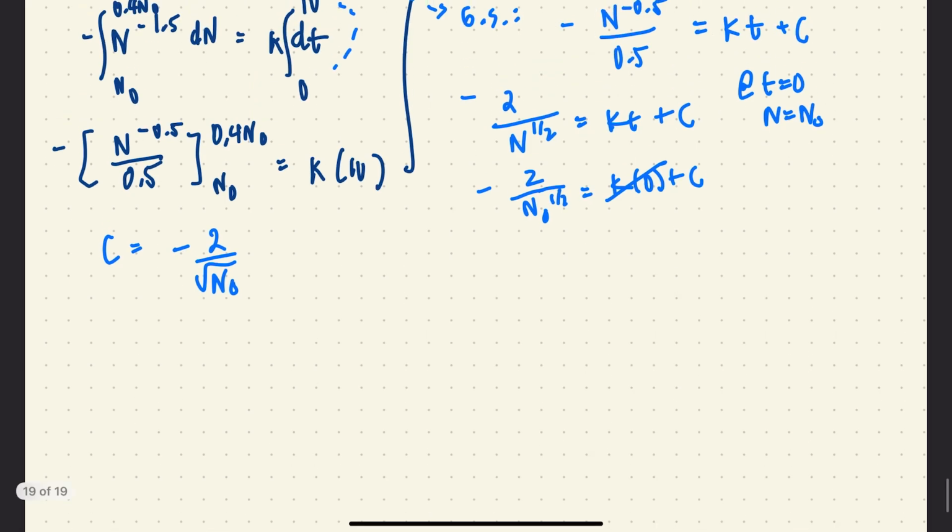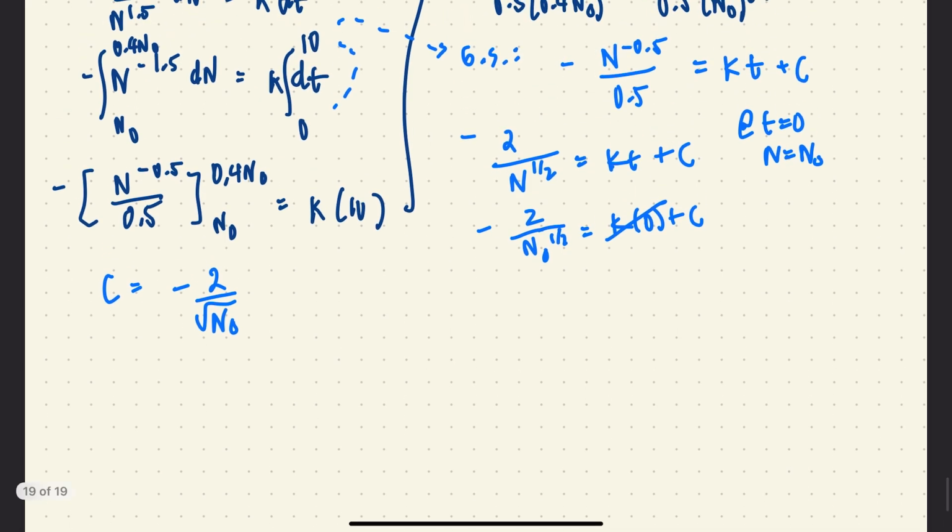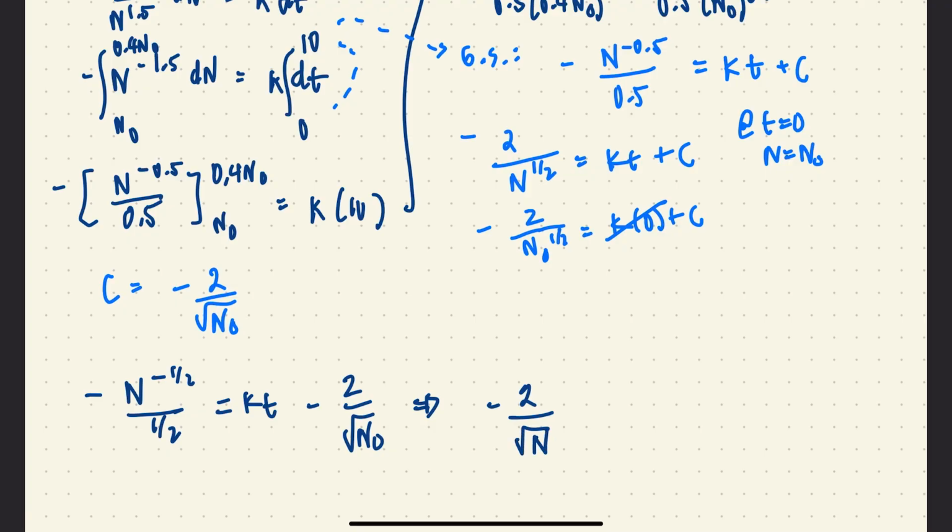If we put that into the equation, we'll have negative n raised to negative 1 half over 1 half is equal to kt minus 2 over square root of n0. Rewriting everything into square root, this becomes negative 2 over square root of n is equal to kt minus 2 over square root of n0.